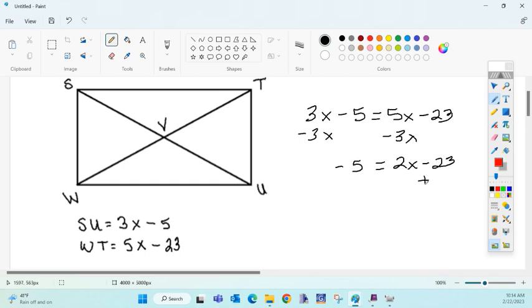You get 18 equals 2x. Hopefully everybody knows, anybody can say it right now, x equals 9. So x equals 9 because we know that the two diagonals are equal length. That means that x would have to be 9 in that case.